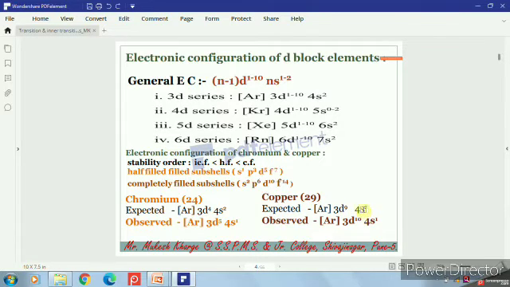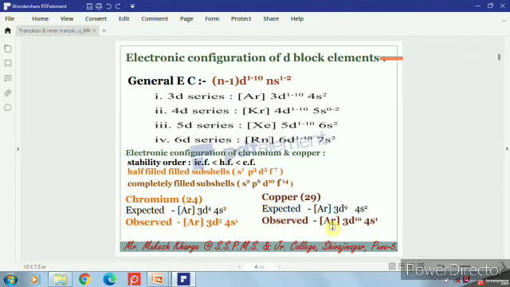One electron from 4s is promoted to 3d due to interelectronic repulsion between these two orbitals. Our electronic configuration becomes argon 4s1 3d10. 4s is half filled, 3d is completely filled. So the incompletely filled configuration gets converted to a completely filled configuration. That's why copper acquires this unusual electronic configuration.